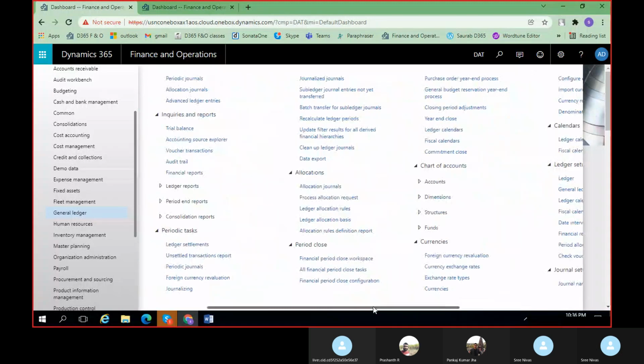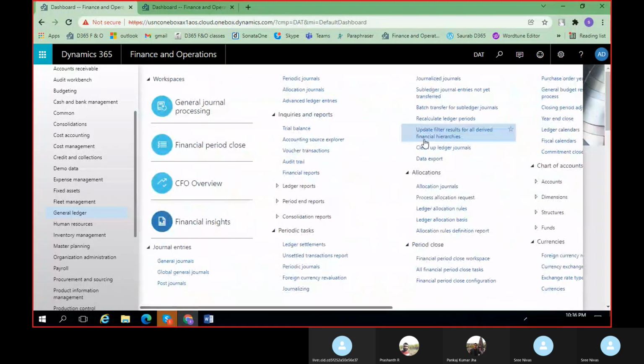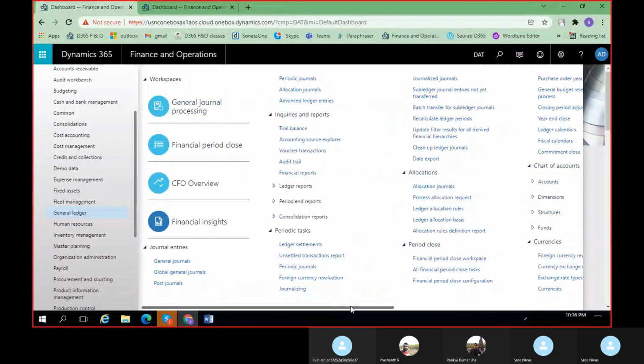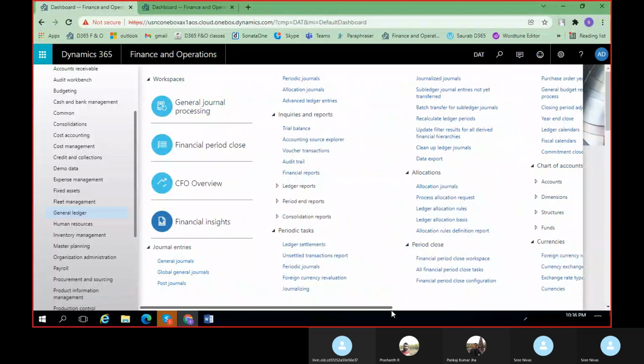I was about to explain this, I should have explained it, but some people might be confused about this general ledger. The subtopics related to the currency, the general ledger, main accounts, all these topics we'll start discussing from the next class.